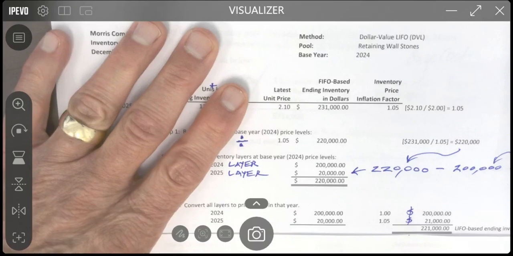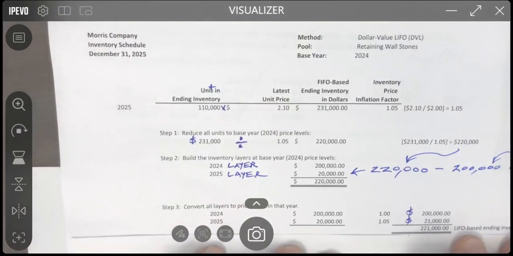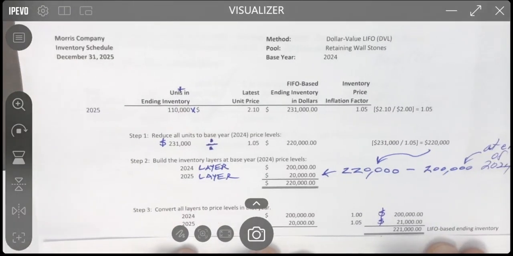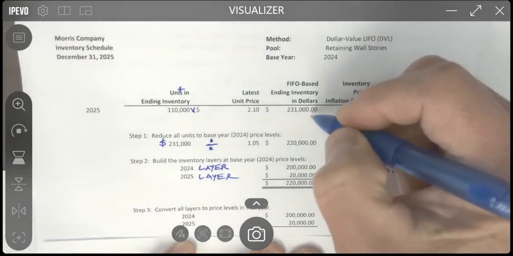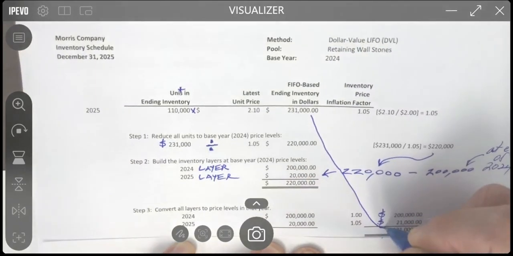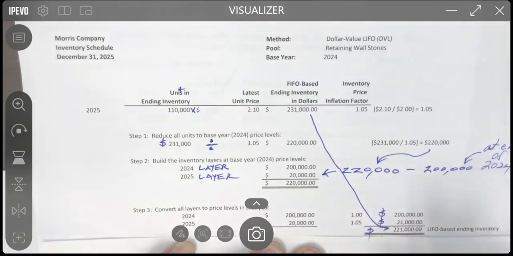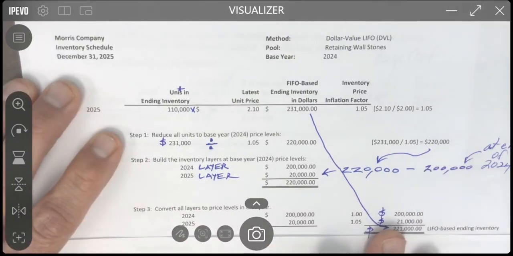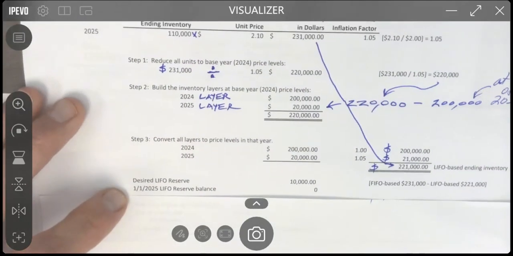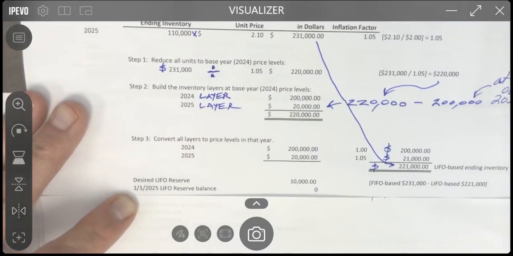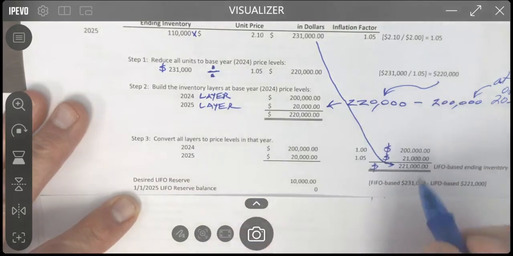And the LIFO-based ending inventory is $221,000, which is $10,000 less than FIFO. Thus, our desired LIFO reserve is $10,000.